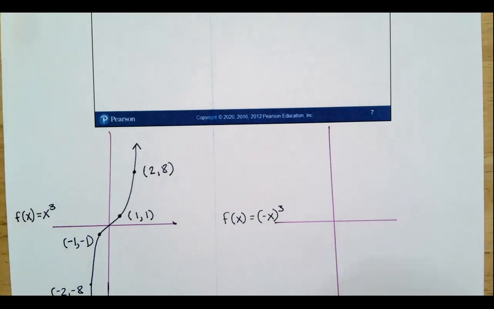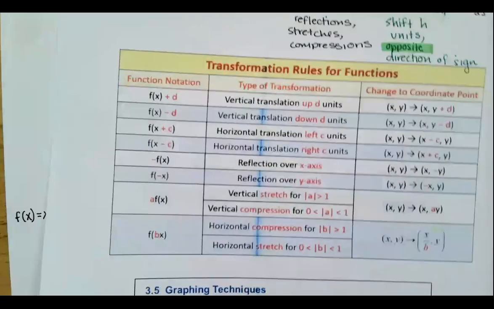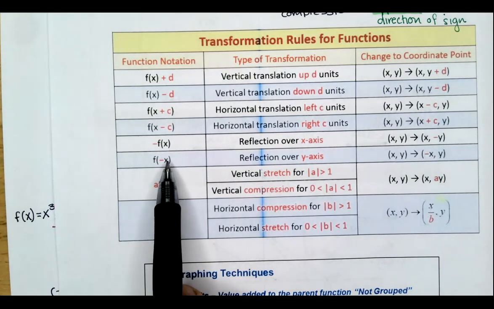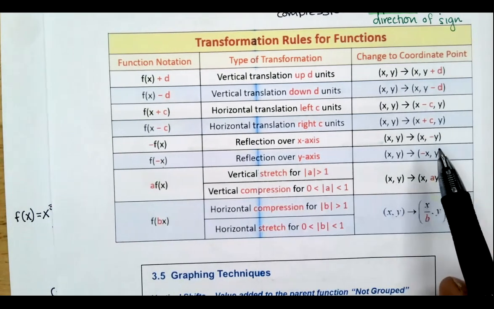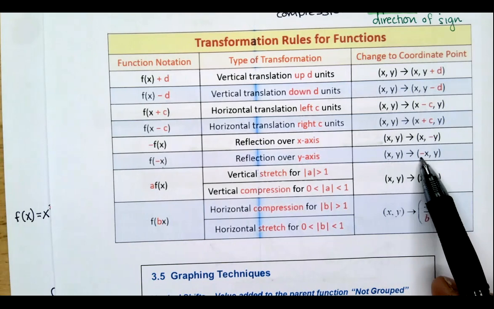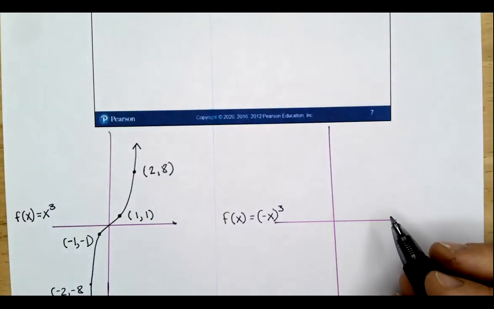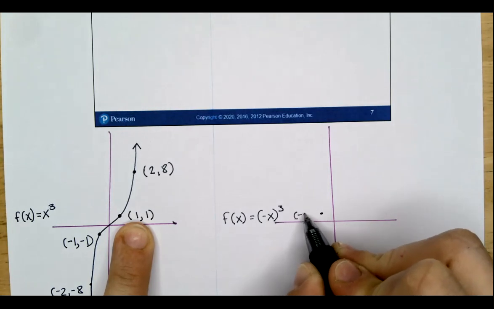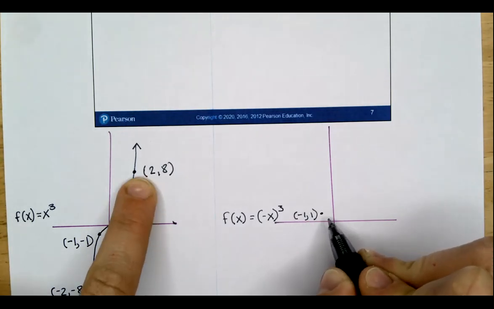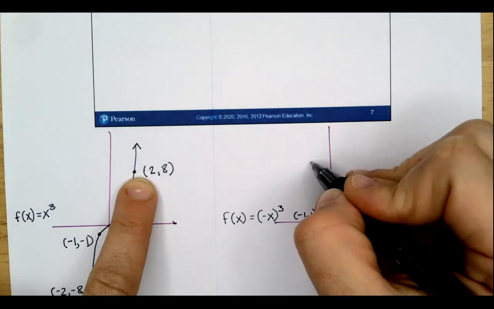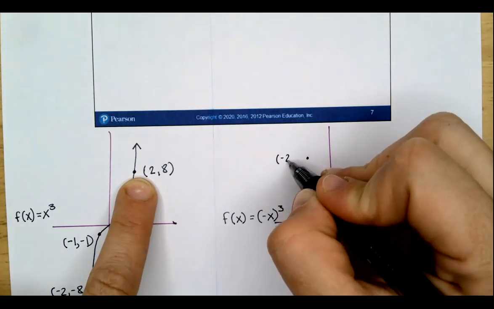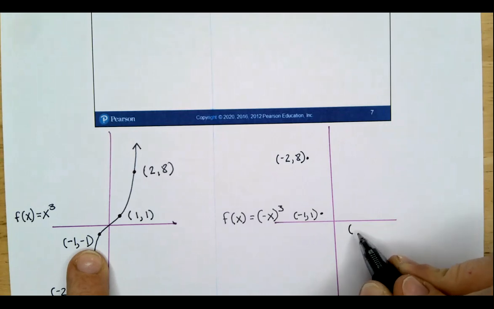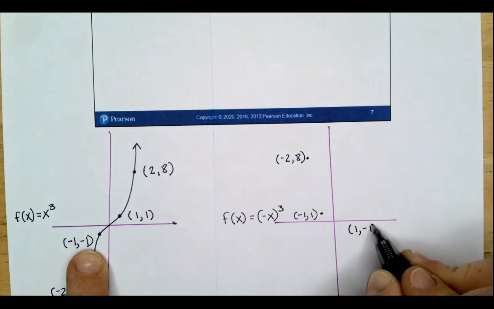That means the negative sign is within the grouping symbols, so my x values become negative x values. Instead of 1, 1, it's going to be -1, 1. Instead of 2, 8, it's going to be -2, 8. Instead of -1, -1, it's going to be 1, -1.